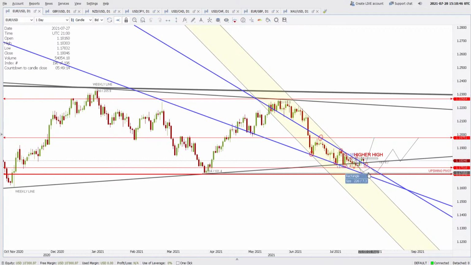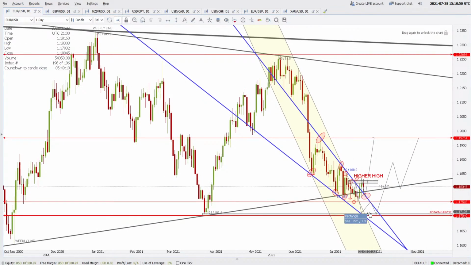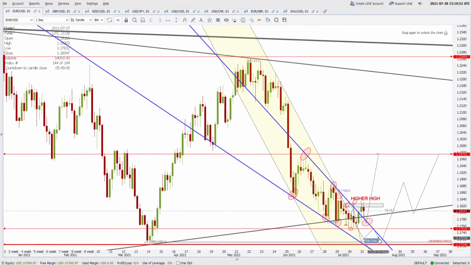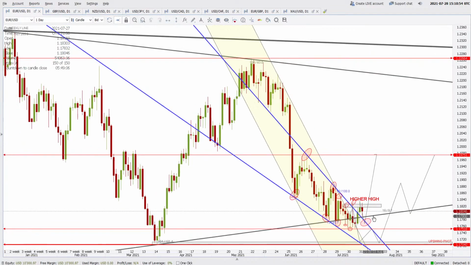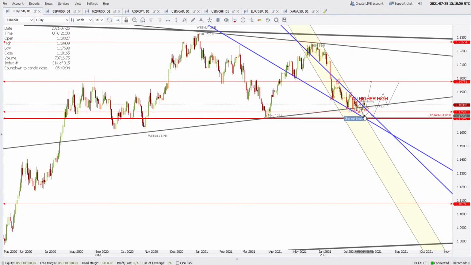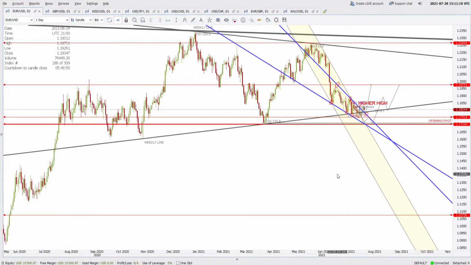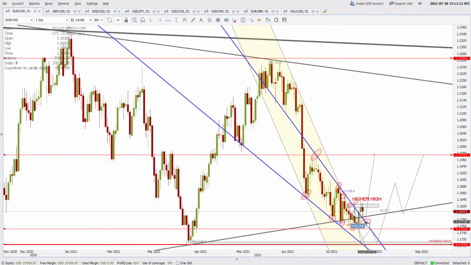Expect the price to react at this support in case it starts going down, and if it breaks this support, then expect this level to act as a great resistance in case the price comes back to test it. In that case, your next target will be very deep, around 1.1075, which is very rare. I think the euro is going to get bought around this area.